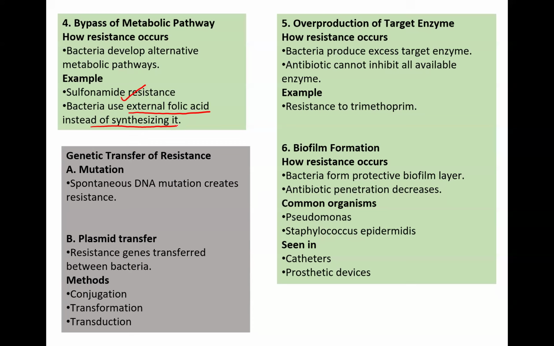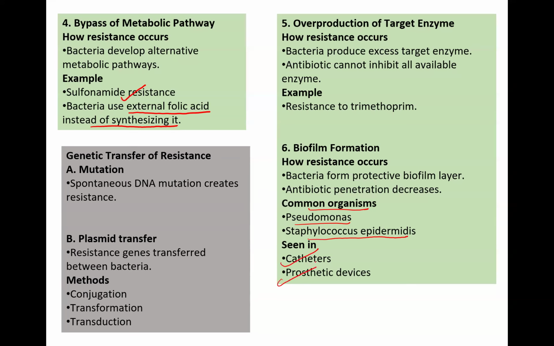Bacteria can sometimes form a protective biofilm layer so that antibiotic cannot penetrate this layer and destroy the bacteria. How clever they are, right? I don't like it. Common organisms include Pseudomonas, Staphylococcus epidermidis. They are usually seen in catheters and prosthetic devices.